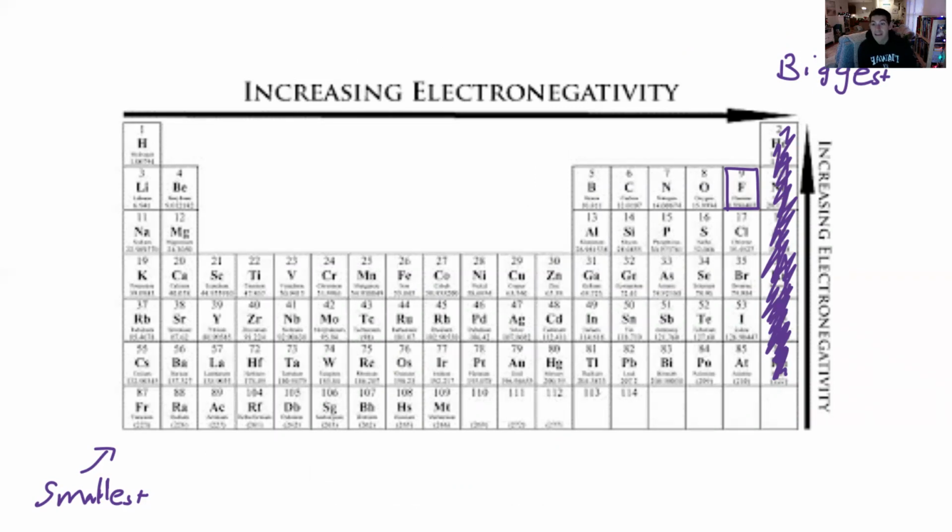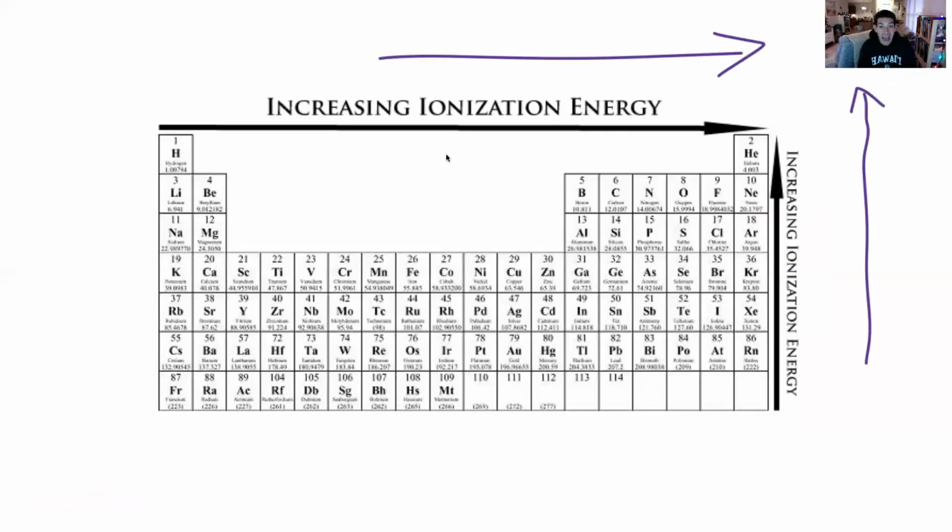The protons are what the electrons are attracted to, so having more protons means being more attractive. And it gets smaller as we go down a group because the electrons get further away from the center. So it's biggest in the upper right. The noble gases do not have electronegativity, so fluorine would have the largest electronegativity and it is smallest in the lower left. Ionization energy is the same.